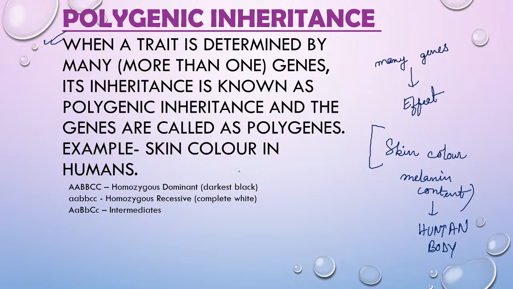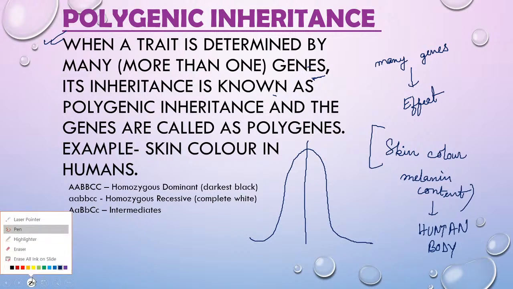Now in this case we can find a total of 7 phenotypes. Let me show you a graph, and in this graph you will be able to know this. Let us take another color and make it more interesting.